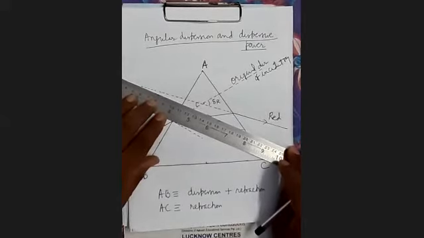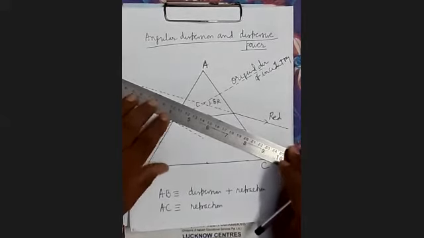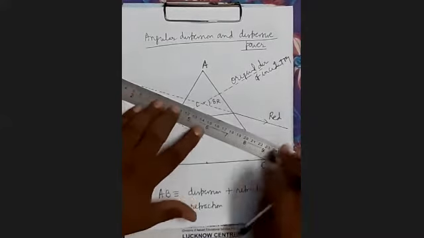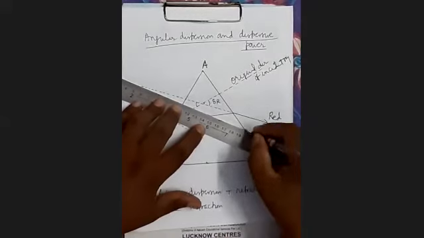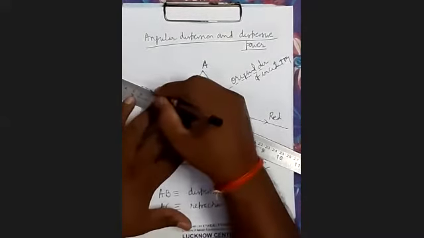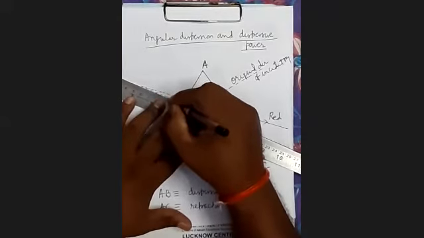Then I will draw the emergent ray of violet color. So this is the emergent ray of violet color. When you produce it back, it appears to come from here.